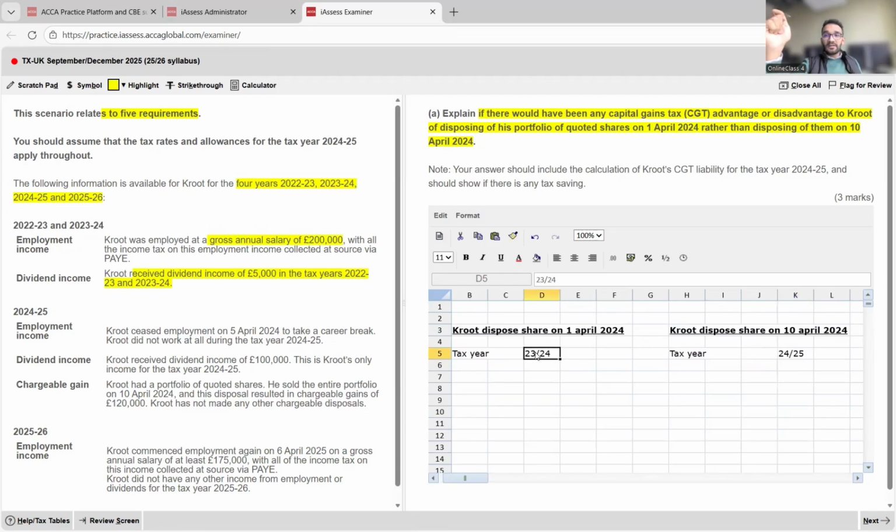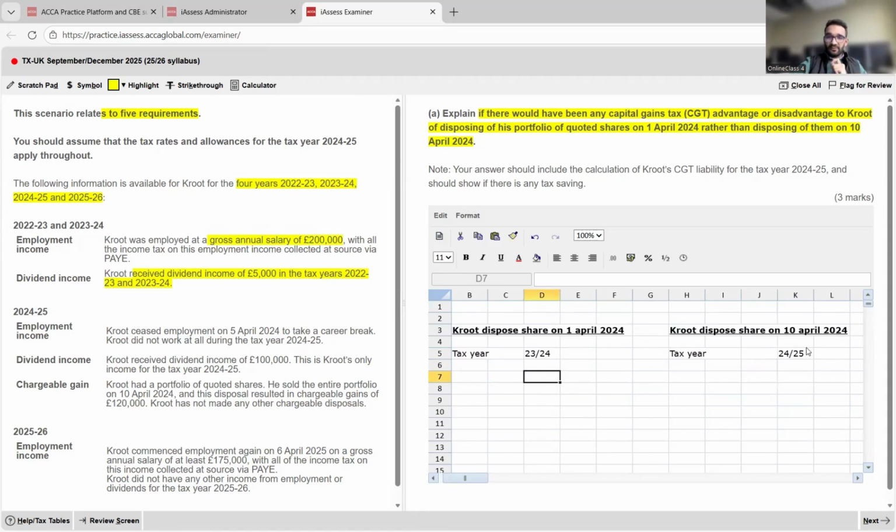If your gains fall in the basic rate band, then it is 10%, but he's selling shares, not residential property. If your gains cross into the higher or additional band, then your gains are always taxed at 20%. So in 23-24, his gains are going to be taxed at 20%.